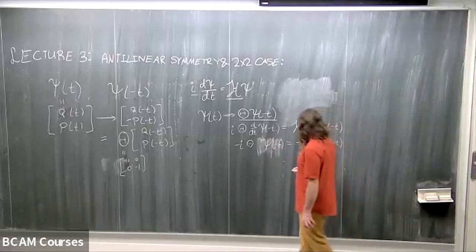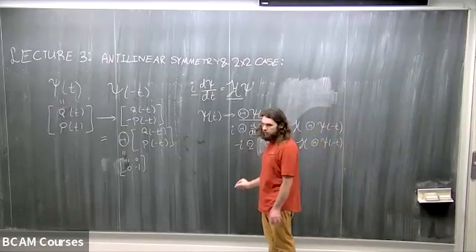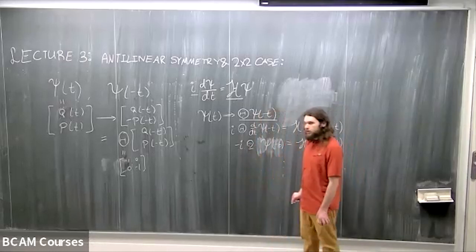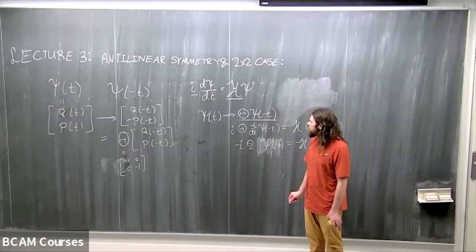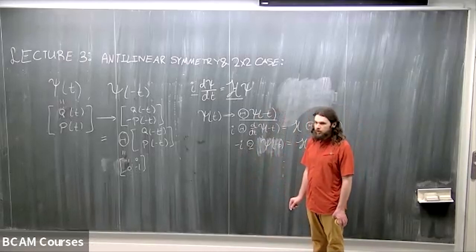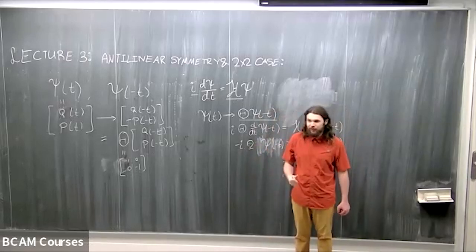And so then for this to work, we'll assume that this theta is invertible. And assuming that theta is invertible is not too big of a restriction. The reason for this is that if you take time and you reverse it, then you should be able to reverse it again and get back to where you started.